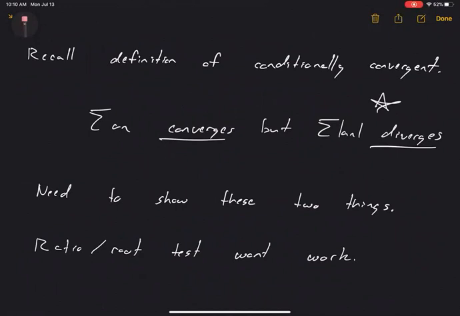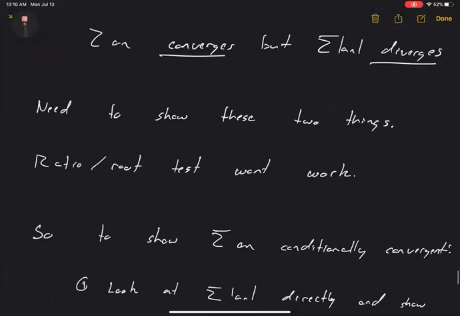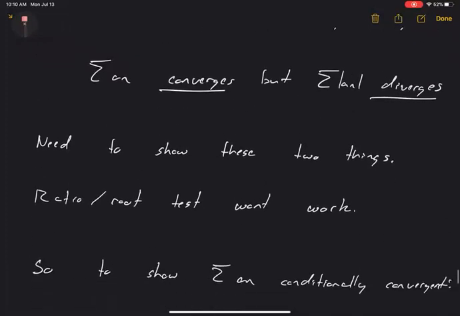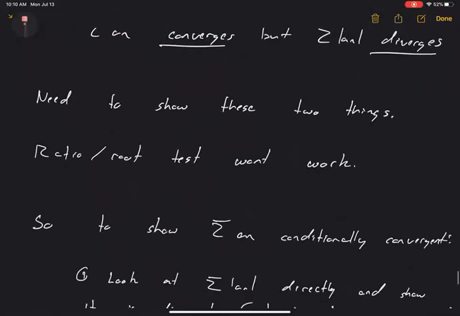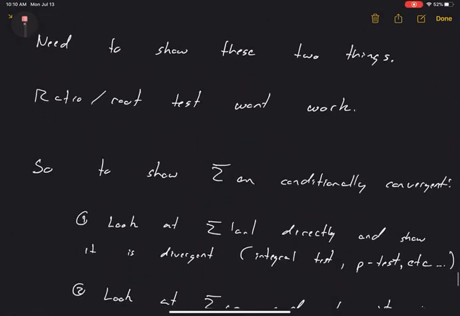It's kind of like by definition. The ratio test and root test won't work here. In these cases, usually the ratio test and root test are going to say the limit is equal to 1. That doesn't tell us anything, so we're just going to have to throw those out the window.